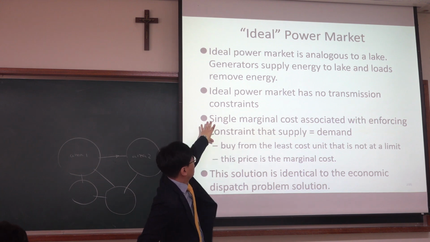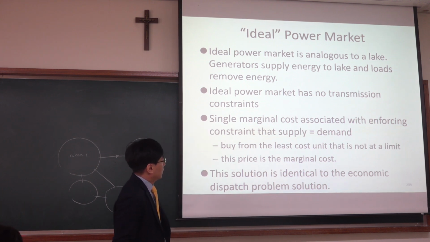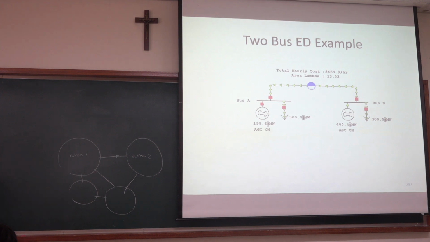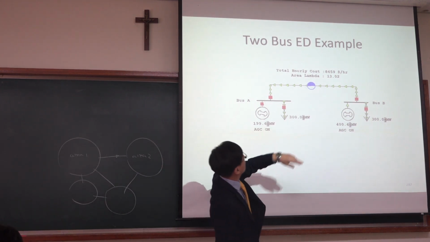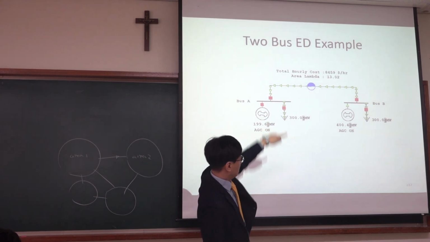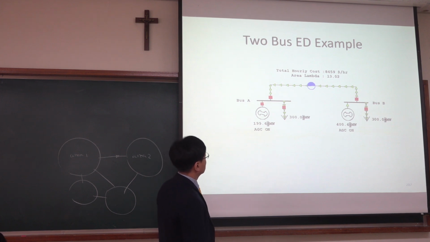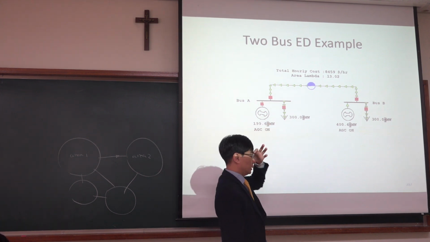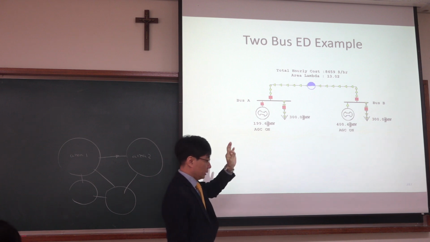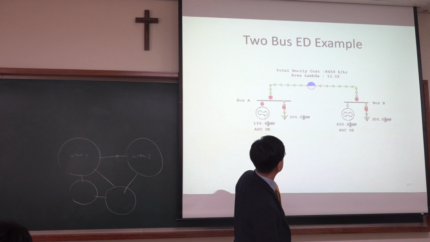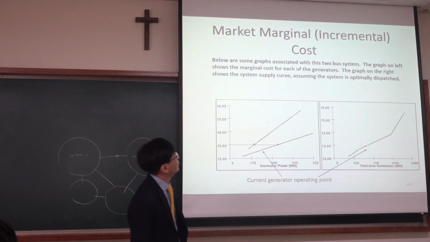So this economic dispatch we discussed last time. The simplest one, the 2-bus economic dispatch example. So 2 generators and 2 loads, and the line is not congested yet, so this is an economic dispatch problem. In this case, we have a single system marginal price. The lambda is 13.02.